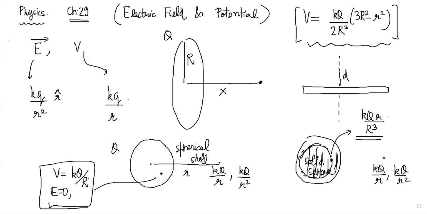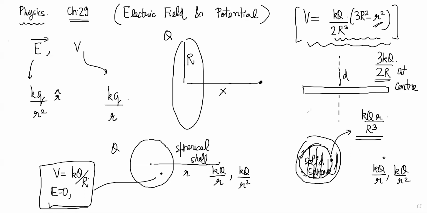Because I remember that the potential at the center should be 3kq by 2 capital R. When small r is 0, it should work out to be this. That's how you have to remember it, or whatever way you have to remember, but you have to remember. The derivations we have done in the previous classes, so you can go back to HCV and see how the derivation is done.